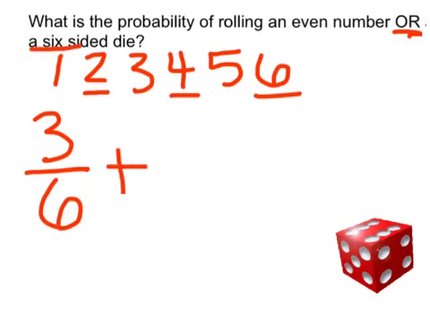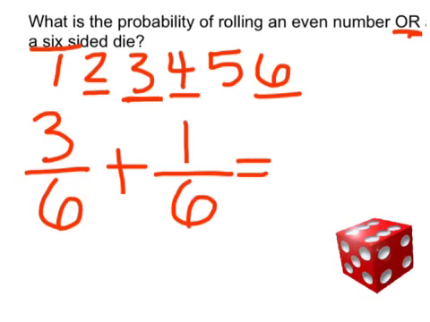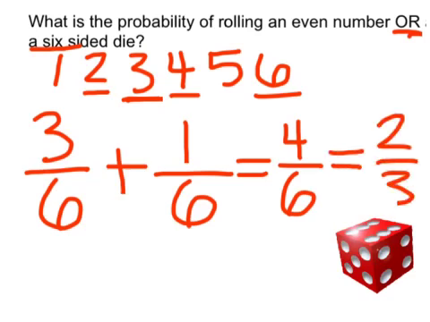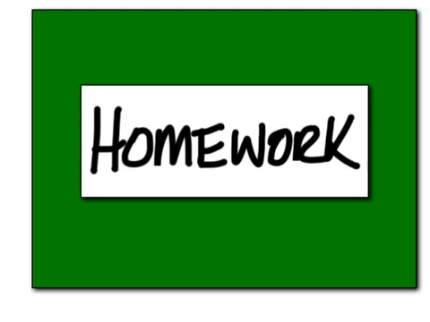And we're going to add that to the probability of getting a 3. What's the probability that we're going to get a 3? Alright, there's only one 3 and there's 6 possible outcomes. When we add those together, we get 4 out of 6. And we can reduce that to what? 2/3. 2 over 3. Thank you.